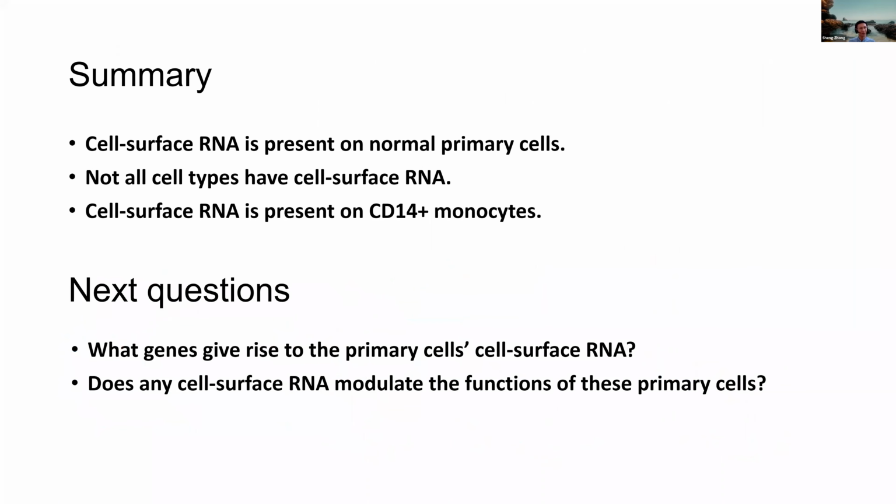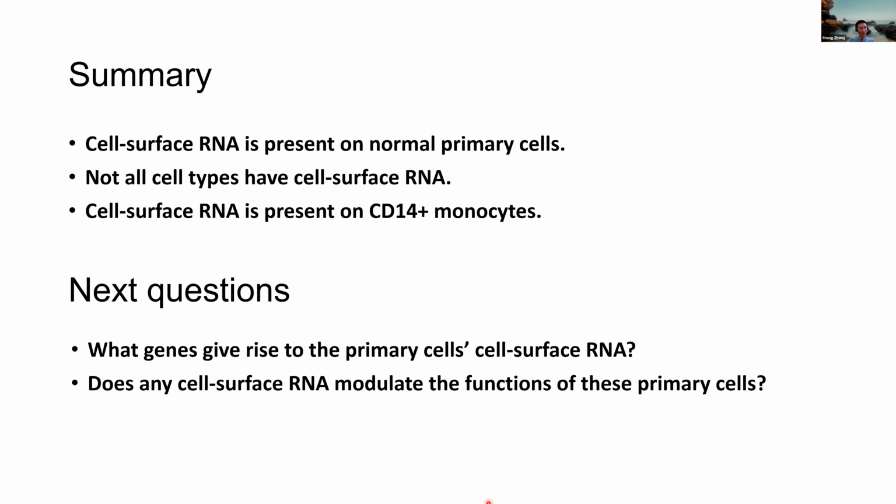To summarize, for the time being, cell surface RNA is present on normal primary cells. Not all cell types present cell surface RNA, at least to our detection limit. And the cell surface RNA is present on CD14 plus monocytes.